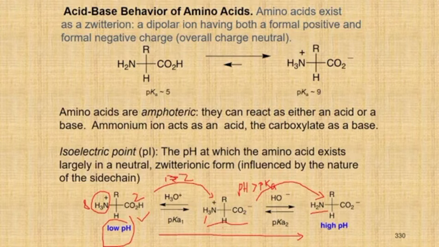As we said earlier, a zwitterion is a dipolar ion with an overall, net charge of 0. So if I'm asked to look for the pI of an amino acid, after dissociating it, you should take note that the pI is the pH at which the amino acid exists as a zwitterion. So let's proceed and see how we can look for pI.